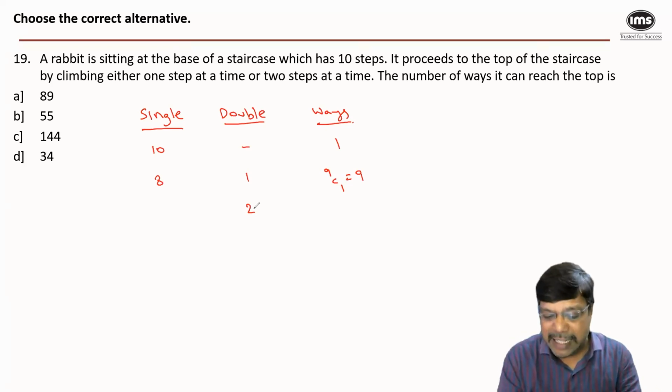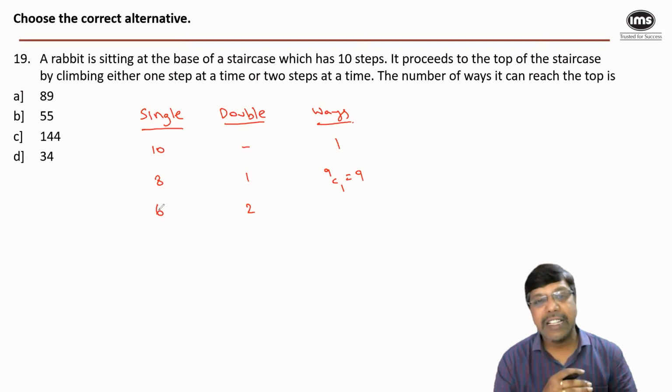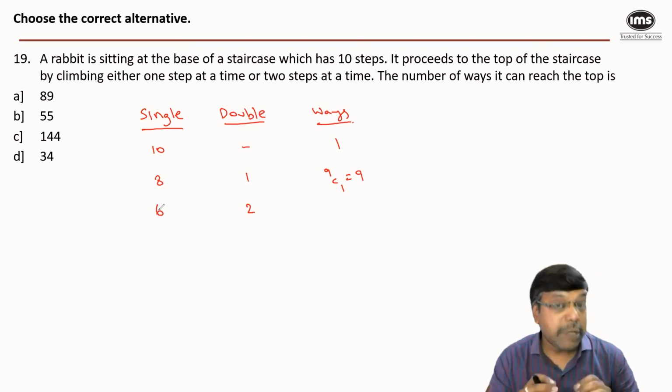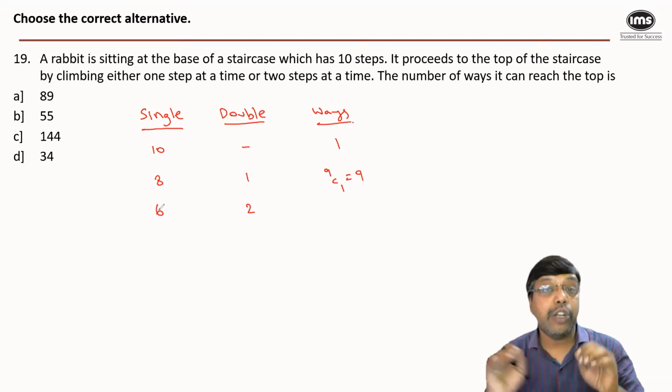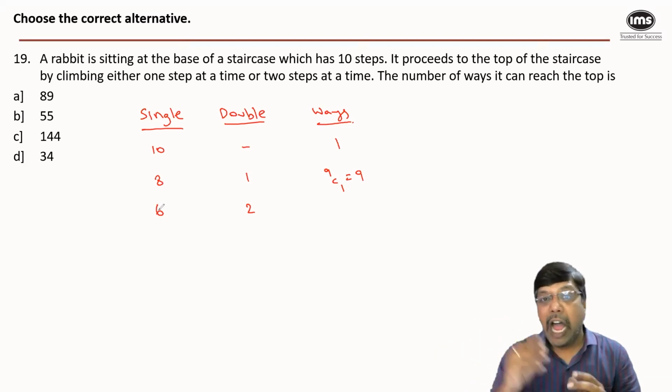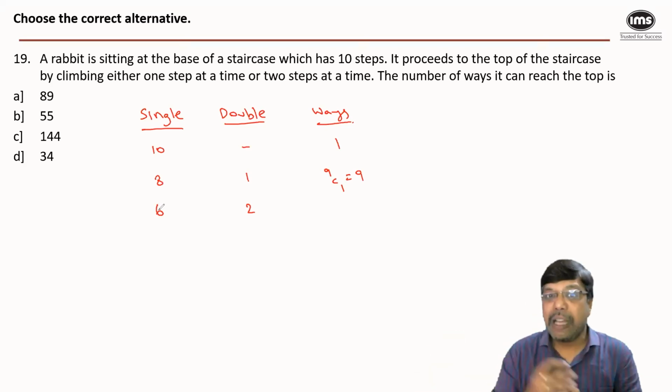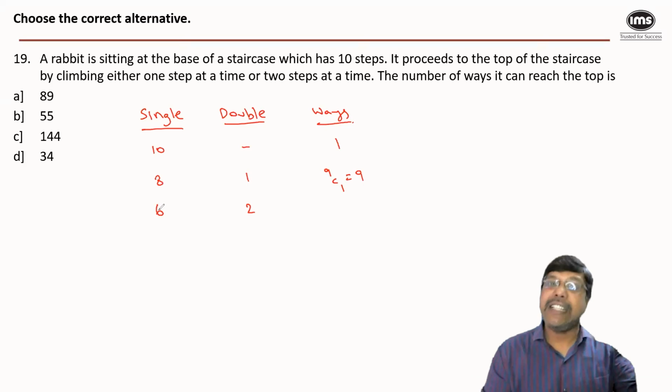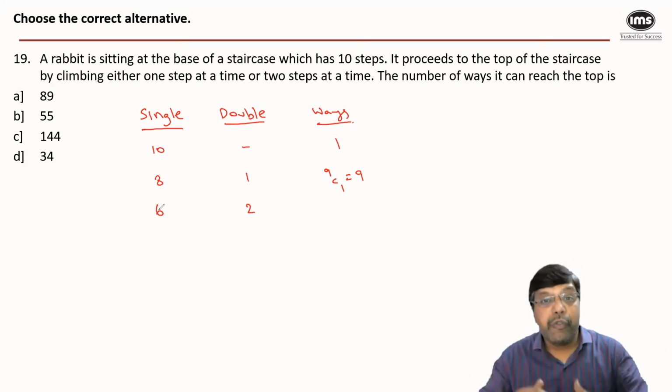Now suppose I make a double step twice. Then the remaining 6 steps, suppose I am moving single steps. So which means I am moving a total of 6 plus 2, 8 times. Out of these 8 movements, 2 times it's a double step and 6 times it is a single step. But which 2 should be the double ones?